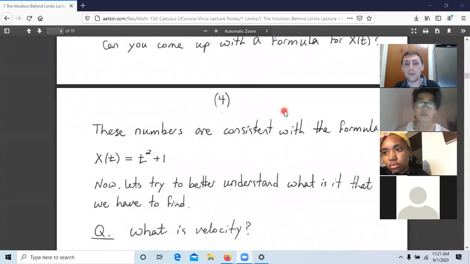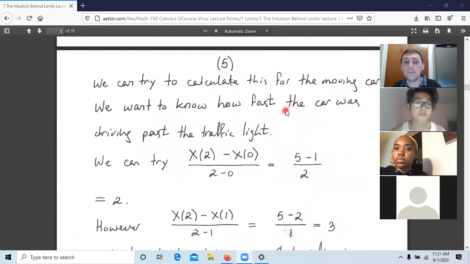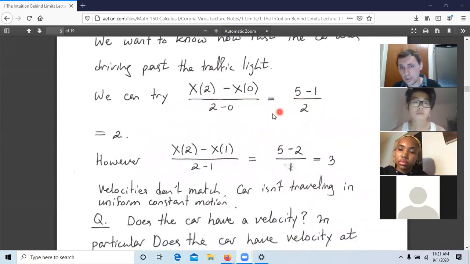Now, how might I reconstruct this speedometer? Notice that my velocity is not constant, which means that if I allow some time to elapse, the speedometer will likely change. You can see that here I took 2 positions divided by time. We got 2: let's say 2 units of distance divided by 1 unit of time.